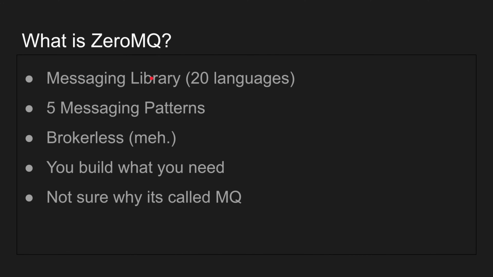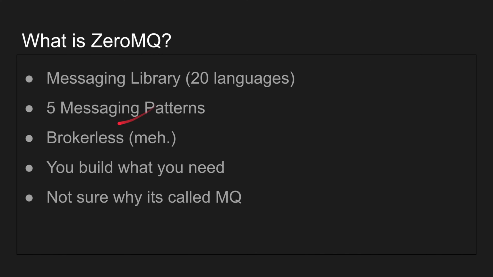So it has 5 messaging patterns that we're gonna discuss, right? One of its pros, it's brokerless, unlike Kafka or RabbitMQ or other messaging systems where they rely on a centralized broker, and then you gotta load balance those brokers with some sort of a zookeeper or something like that, right? They claim they are brokerless.